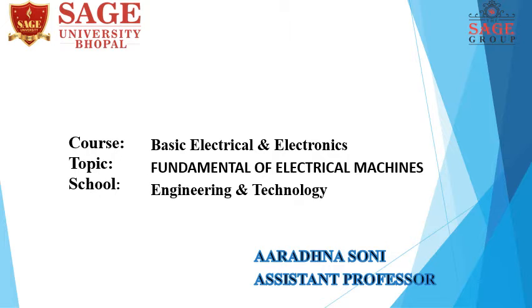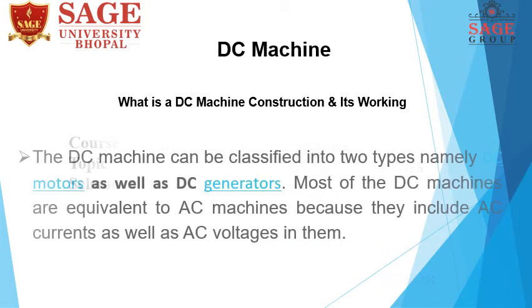So now, what is a DC machine? A DC machine can work in two types mainly: first is motor, second is generator.